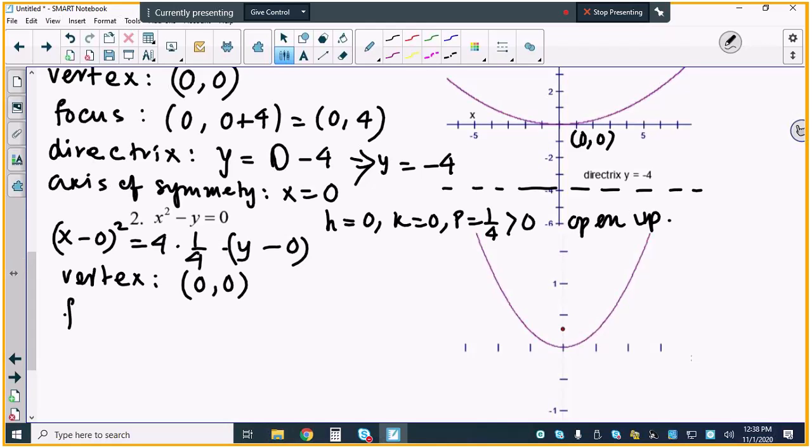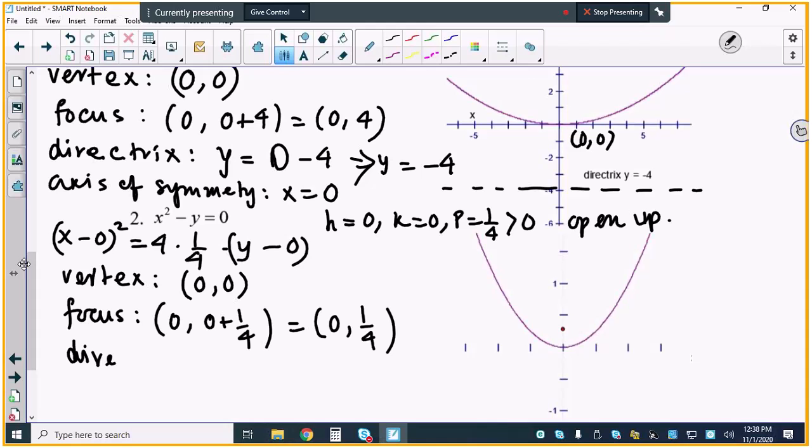I need to know the focus of the parabola, and that is h comma k plus p, so 0 plus 1 over 4, which is 0, comma 1 over 4. Directrix is going to be a horizontal line parallel to the x-axis, and that is given by y equal to k minus p. So I get y equal to negative 1/4.